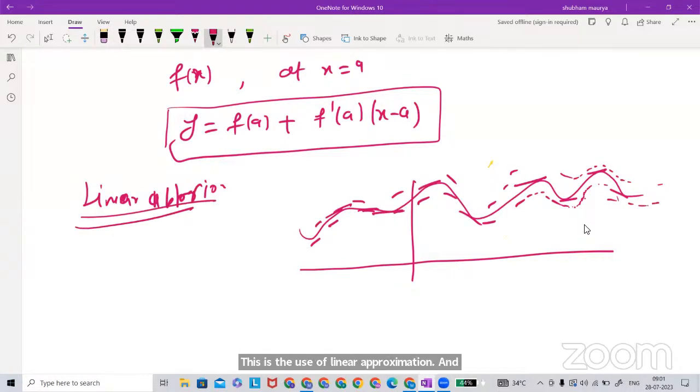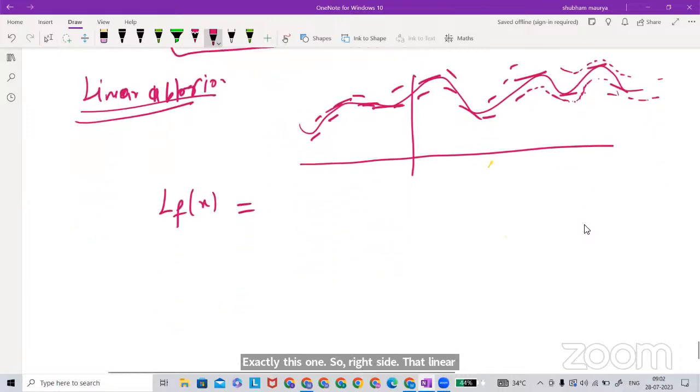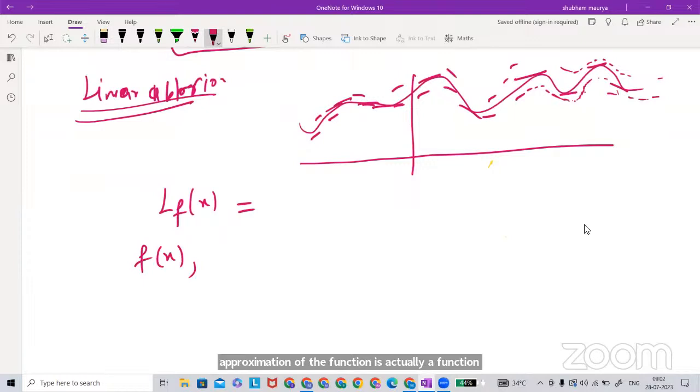Linear approximation is actually a function. If you want to find the linear approximation of the function f(x) at x equal to a, the formula is a function of a line: L(x) equals the function value f(a) plus the derivative value f prime of a times x minus a.